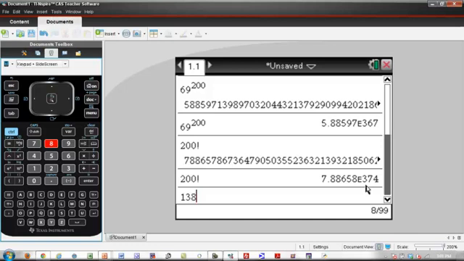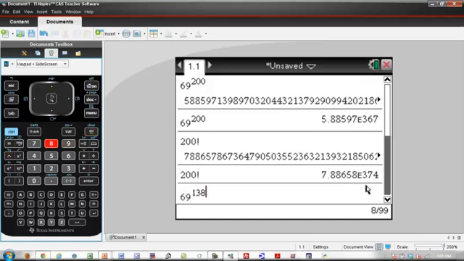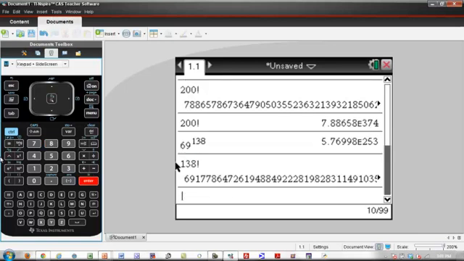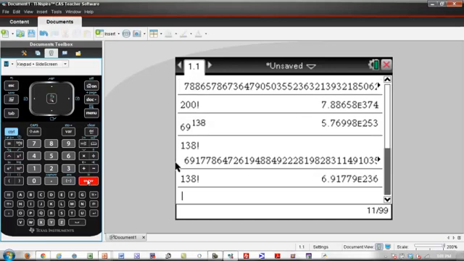So you want 69 to the power of 138, approximately, and then 138 factorial. Do it. Oh, no. Come on. Oh, so I think your guess is reasonable. It doesn't work out exactly the way you're thinking, but you get the right idea.